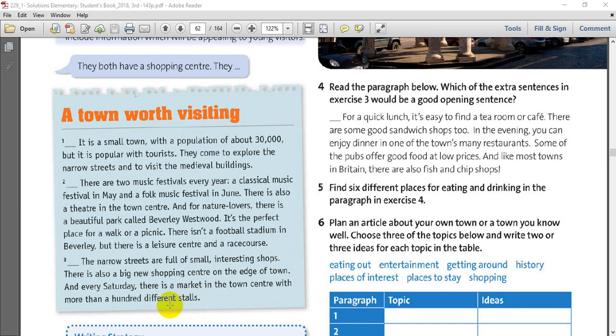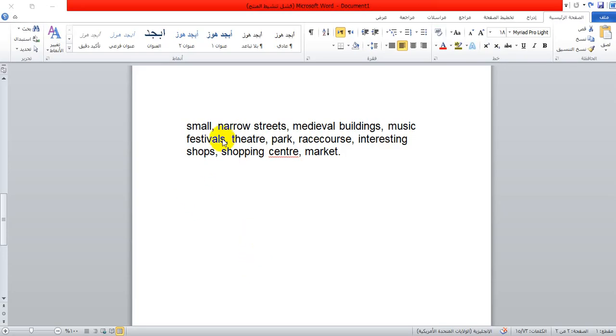We have 3 passages here. So here are the keywords that describe the town: small, narrow streets, medieval buildings, music festivals, theater, park, racecourse, interesting shops, shopping center, and market.